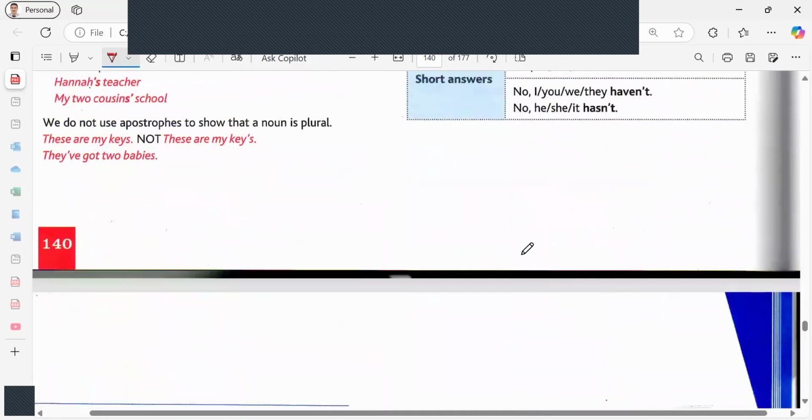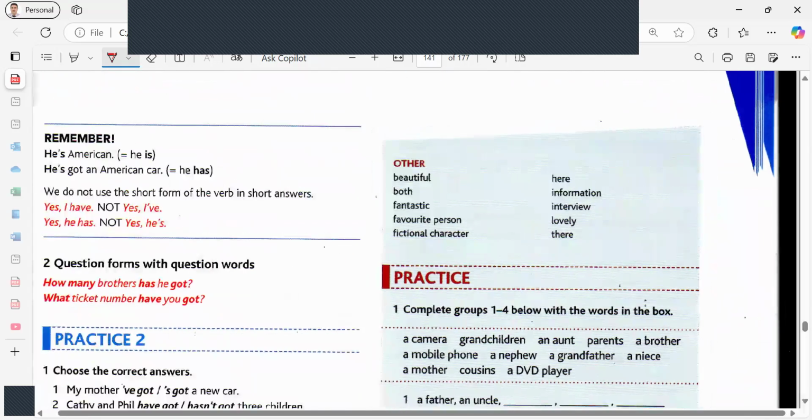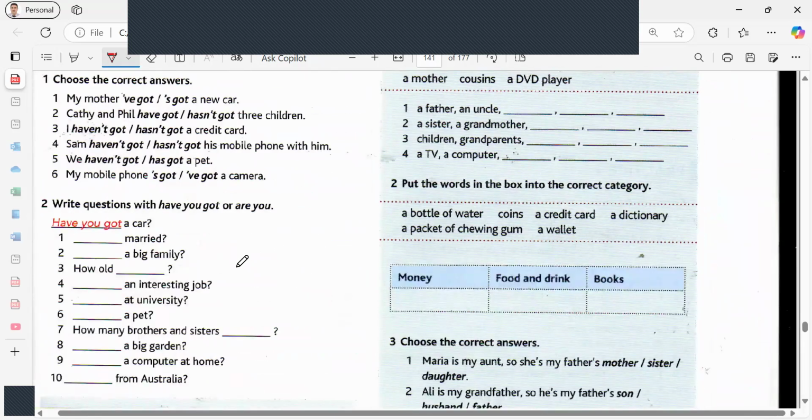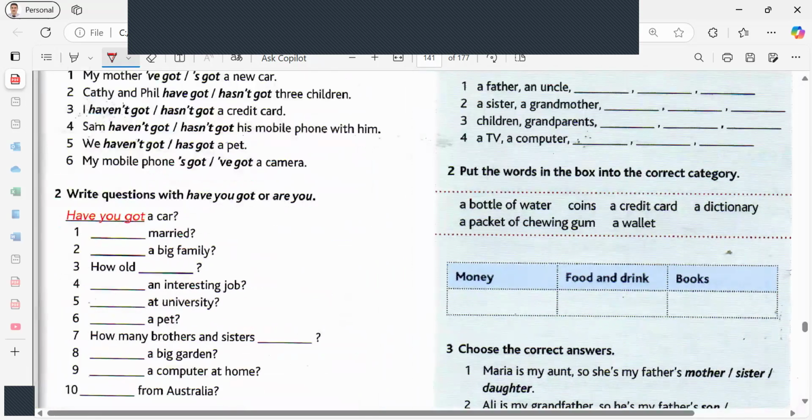Okay, what about have got here? Let's answer this question. Write the questions with have you got or are you. For example, have you got a car? Please answer 2, 4, 6, 8, 10.